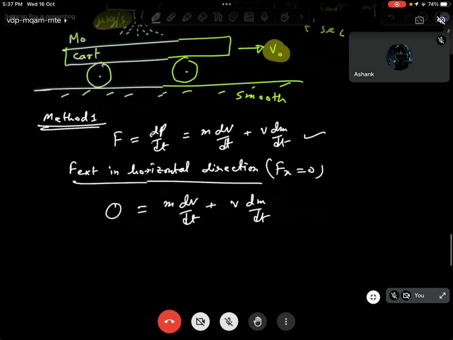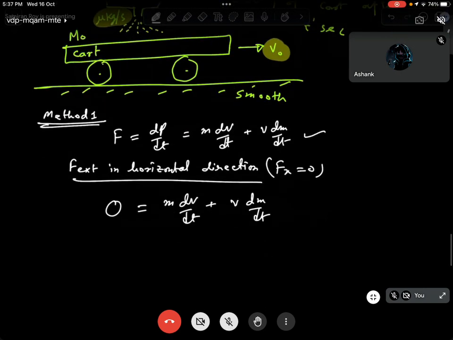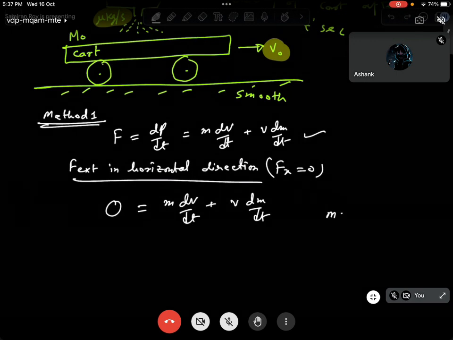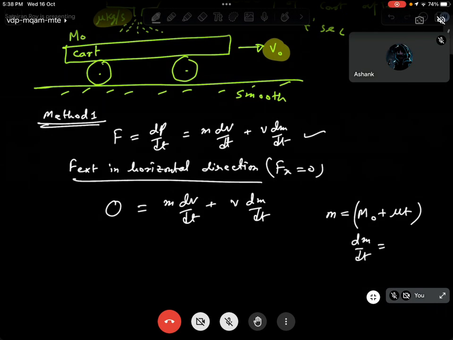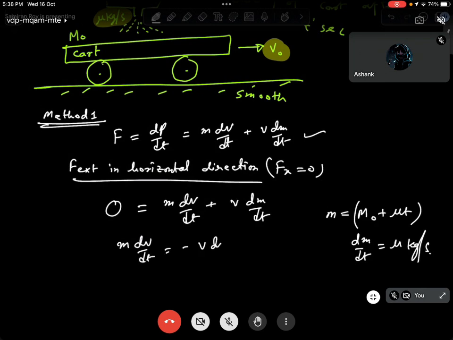Clear? What is m? After time t, m will be m0 plus mu t. Mu is the rate dm by dt, the rate of falling of sand, mu kg per second. So I can write m dv by dt equals minus v into dm by dt.